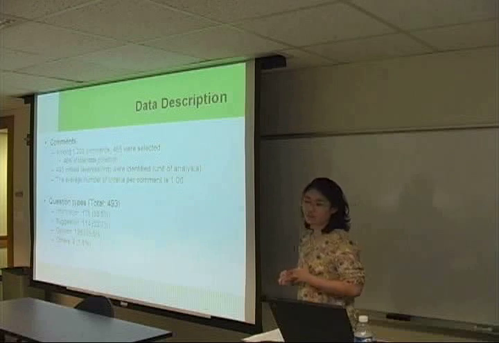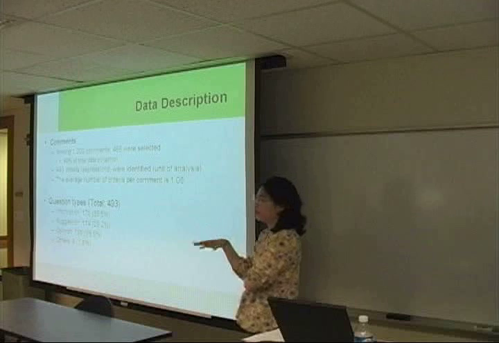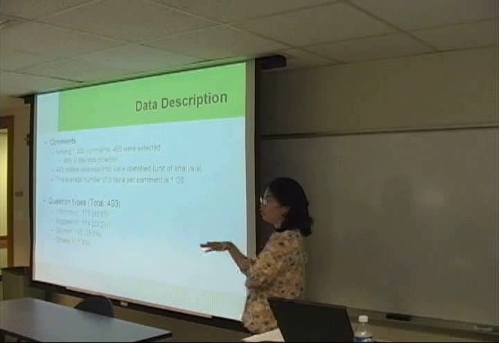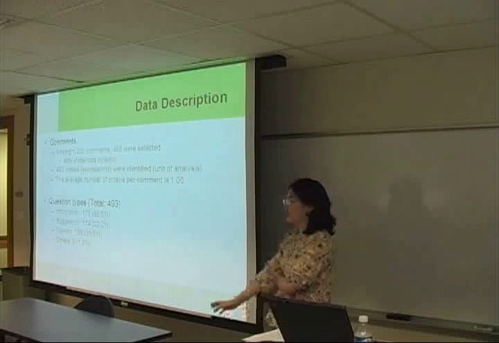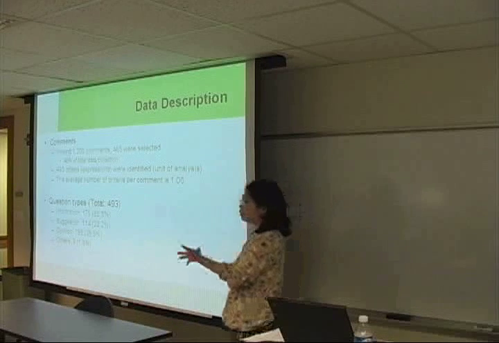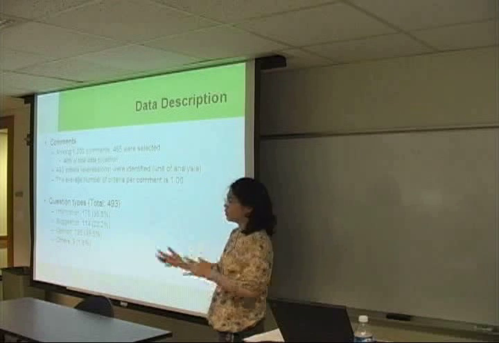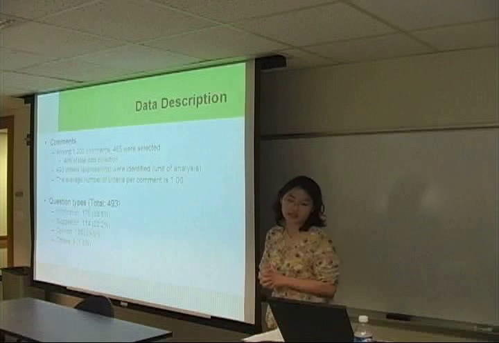As I told you, I started with 1,200 comments, but after filtering out the thank-yous and comments with no articulation of reasons, we ended up with 465 comments. That's about 40% of the total data collection. It was an okay number for us to see the trends of how it distributes in this small pilot study.